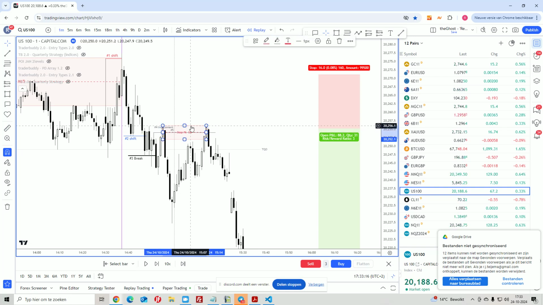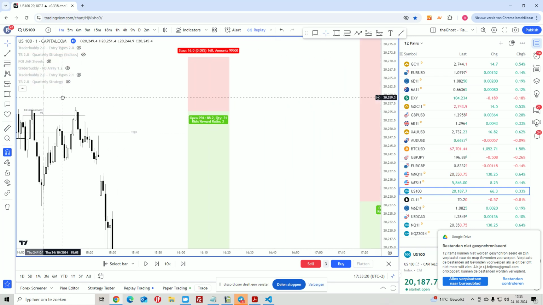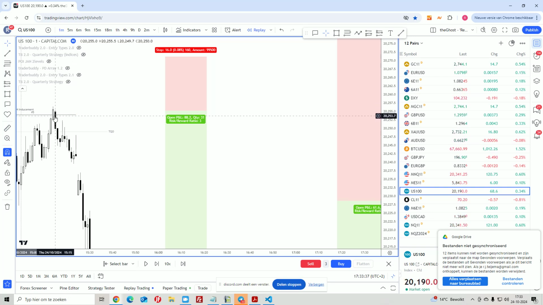I'll remove the stuff. Suppose this, we do not see this. This is the inducement. I hope this is clear enough. So this is the inducement. It closes above, but the next candle immediately takes out the low of the candle that closes above. I consider this a wick.